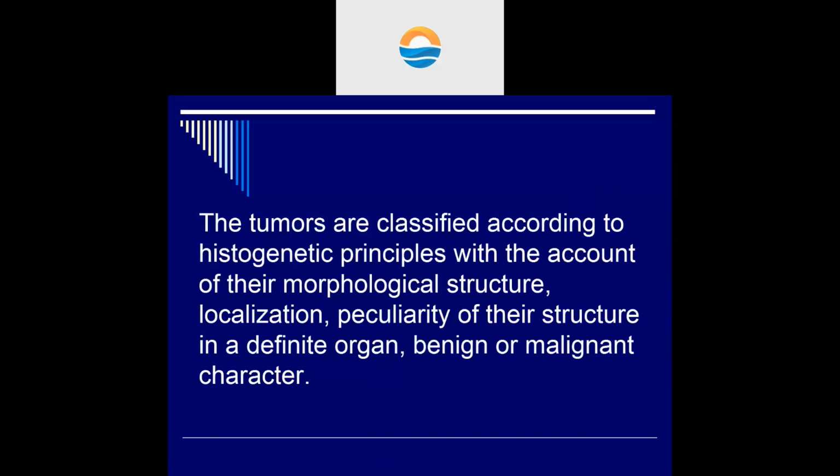The tumors are classified according to histogenetic principles, with account of their morphological structure, localization, peculiarity of their structure in a definite organ, and benign or malignant character. So various features are the base of the nomenclature.